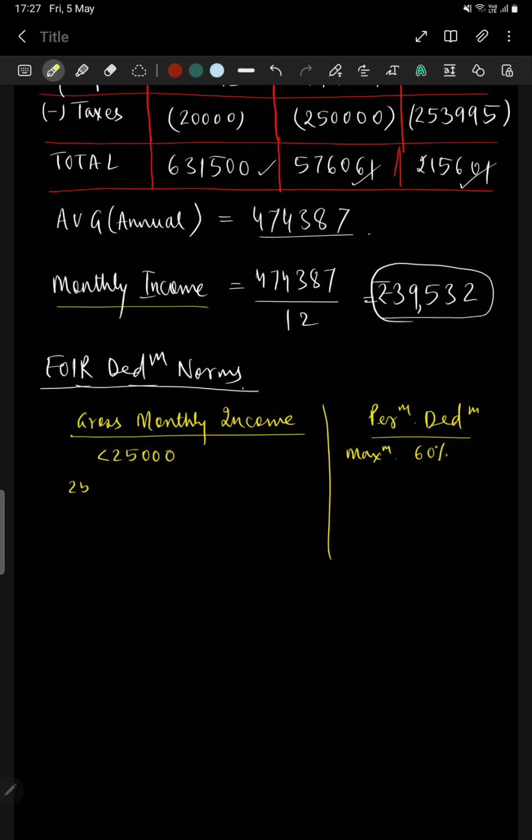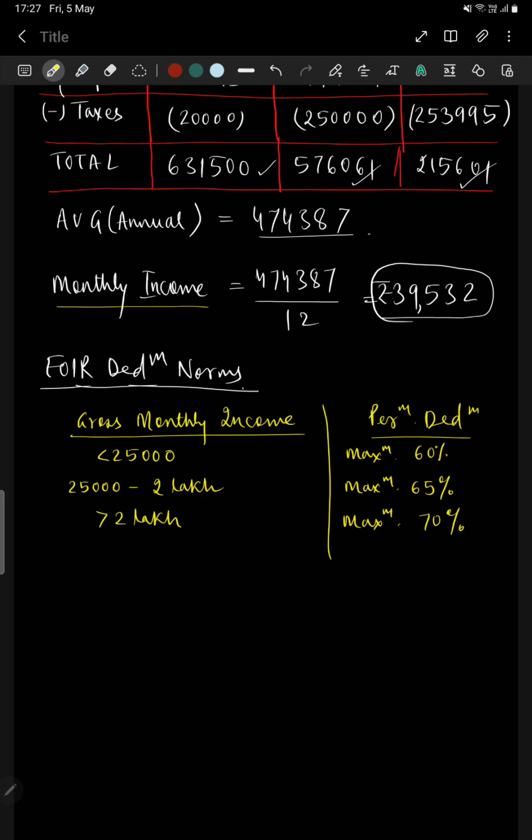If it is between 25,000 to 2 lakh rupees then the maximum would come to 65%. Now if it is greater than 2 lakh rupees, then maximum deductions allowed is 70%.